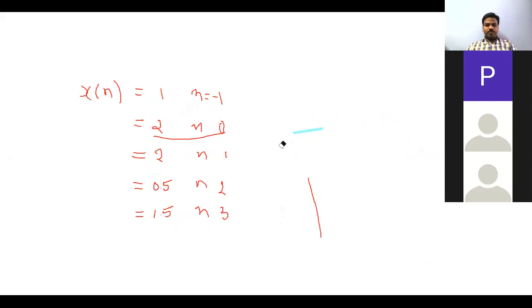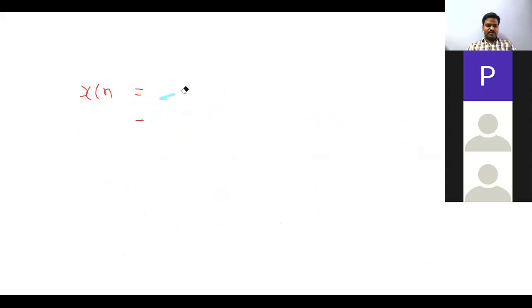Now I am going to explain a very important point, how we are going to represent a unit step signal in terms of unit sample signal, unit impulse signals. Now I am drawing a waveform.